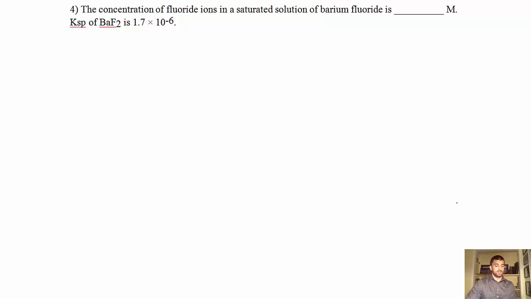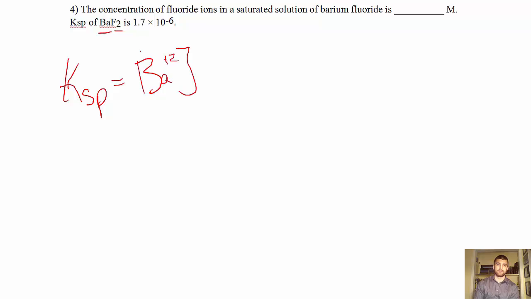Number 4, concentration of fluoride ions in a saturated solution of barium fluoride is blank. So we know barium fluoride. KSP expression is going to be the concentration of barium ion to the first power, because we get 1 barium, times the fluoride ion concentration squared, because I get 2 fluoride ions.